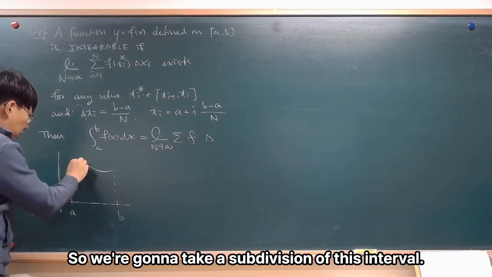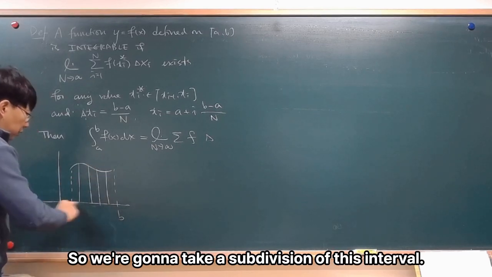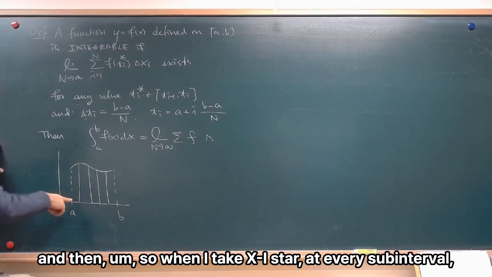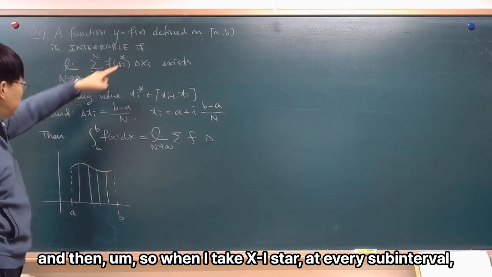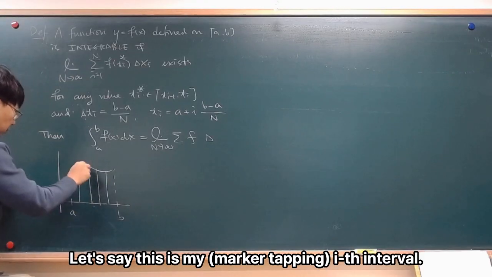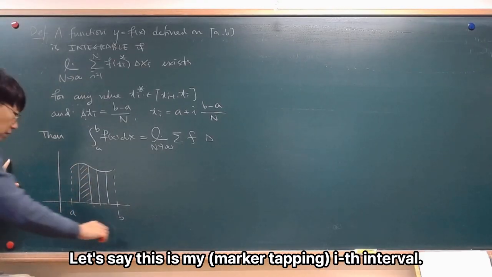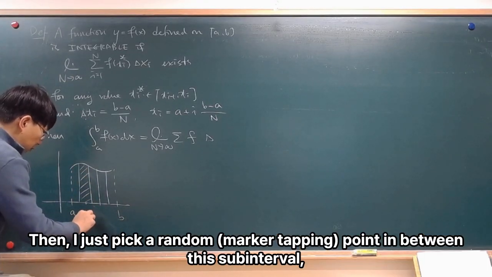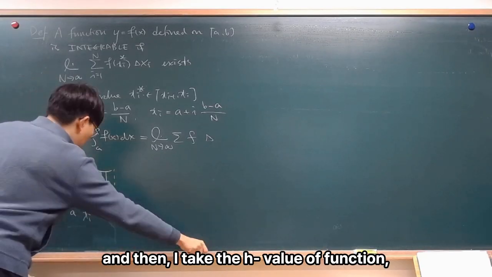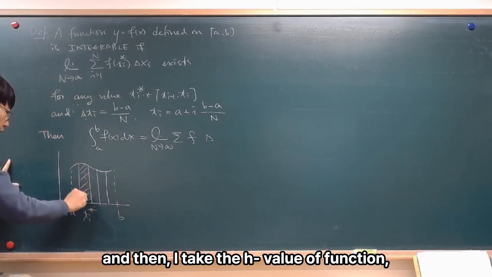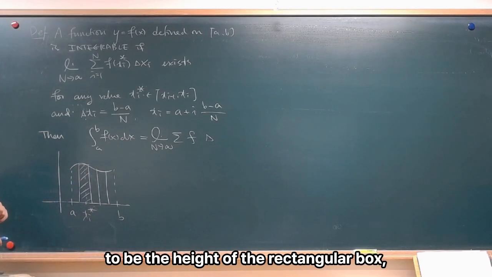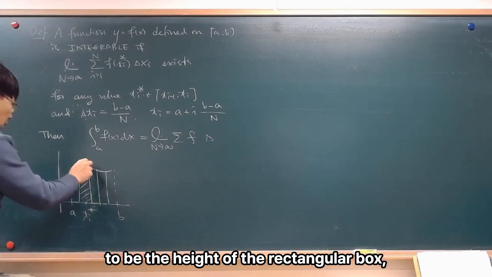So we take a subdivision of this interval. Here we take an equal subdivision, and when I take xi star at every subinterval, I'm taking a random point. Let's say this is my ith interval. I pick a random point in this subinterval, take the value of the function, and take that height to be the height of a rectangular region.